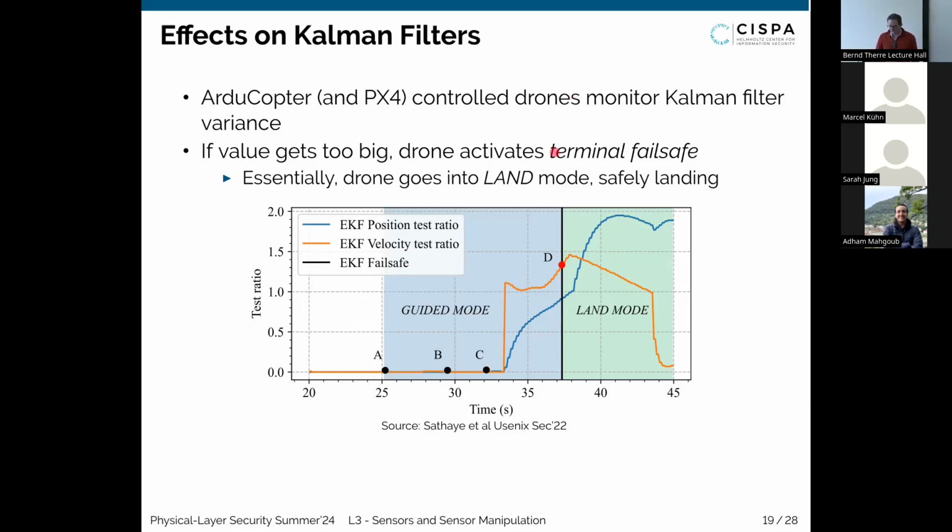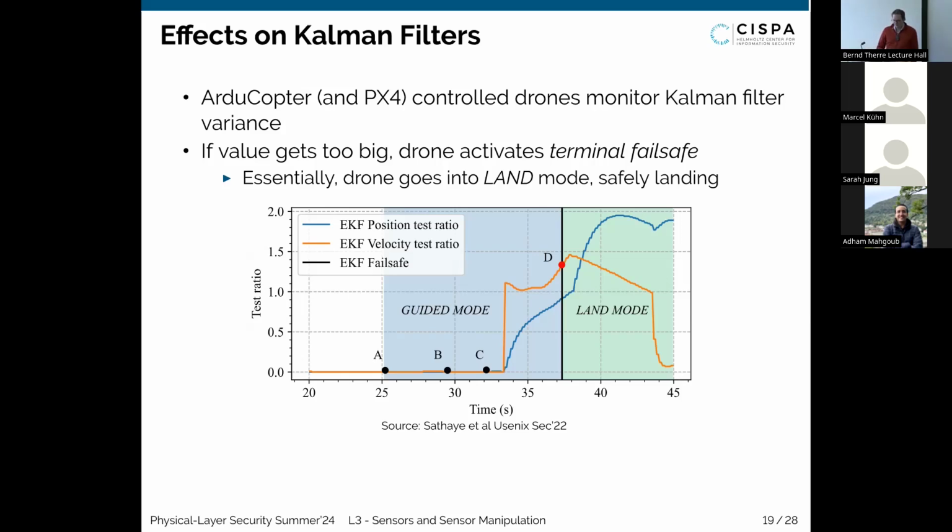So what is the EKF then? I very briefly introduced the Kalman filter before, and I said we're also going to see more of this later. What is happening here is that the drone has an estimate of where it's supposed to be, or what the physical process state is. The sensors coming in are disagreeing with the predicted sensor values that the EKF is producing.